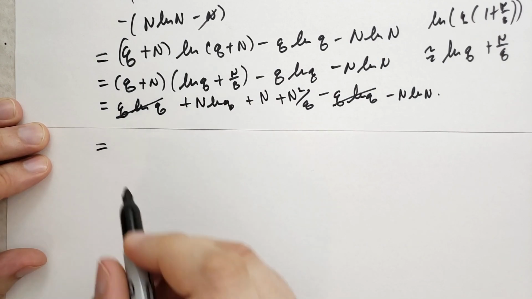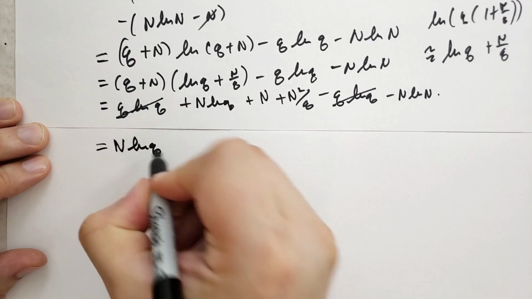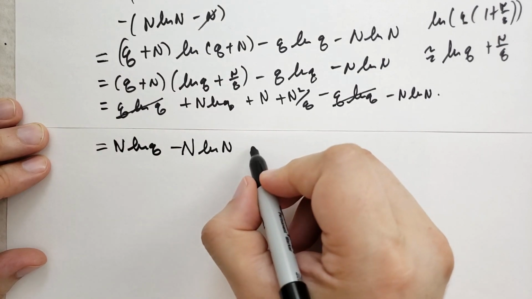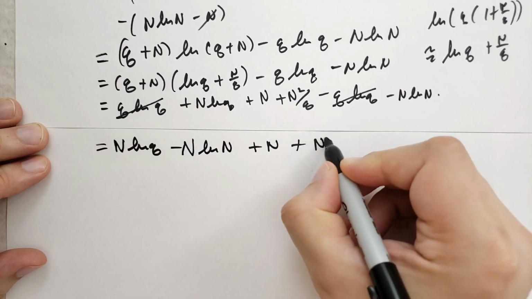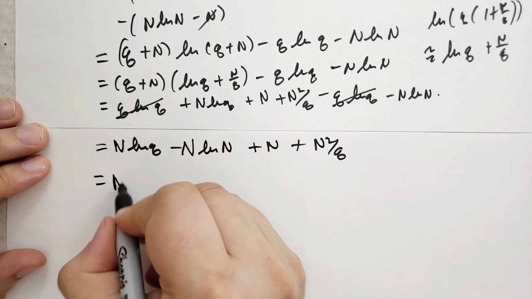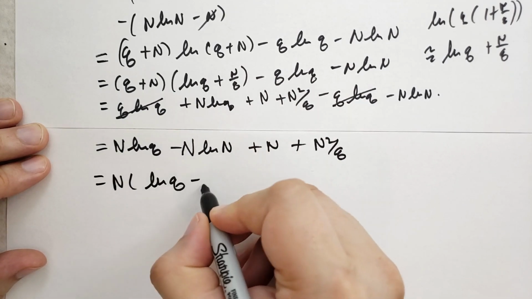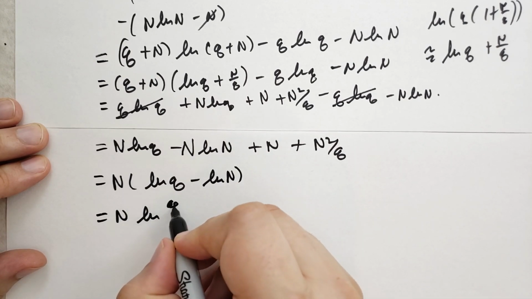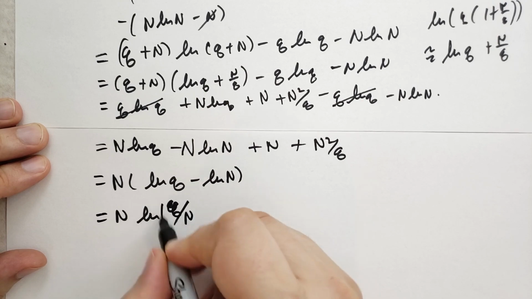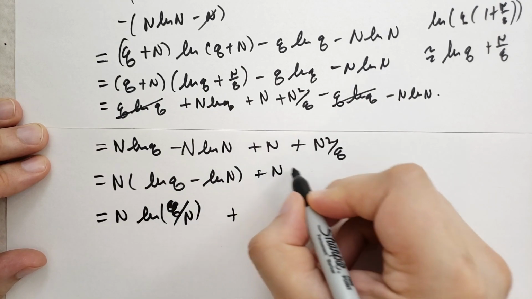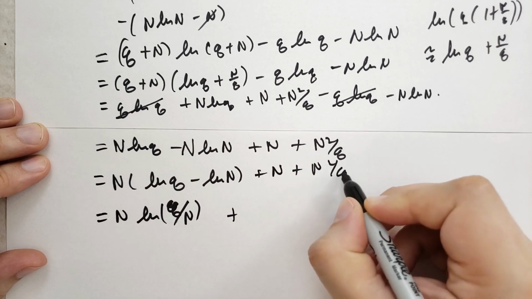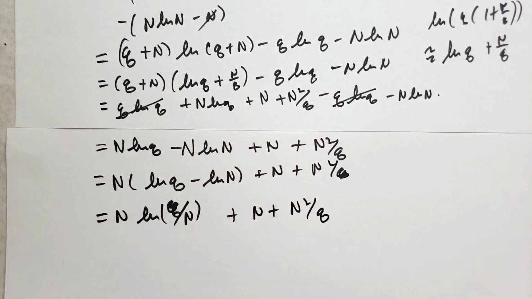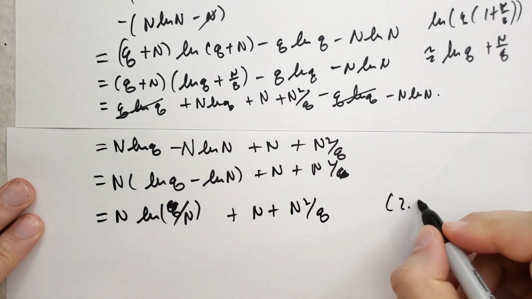So we get n log of q minus n log of n. Then we have an n term, and we have an n squared over q. So this is n times log of q over n. And then we can't forget that we have this n and n squared term over q. Sorry about my handwriting. So this is equation 220 in the book.